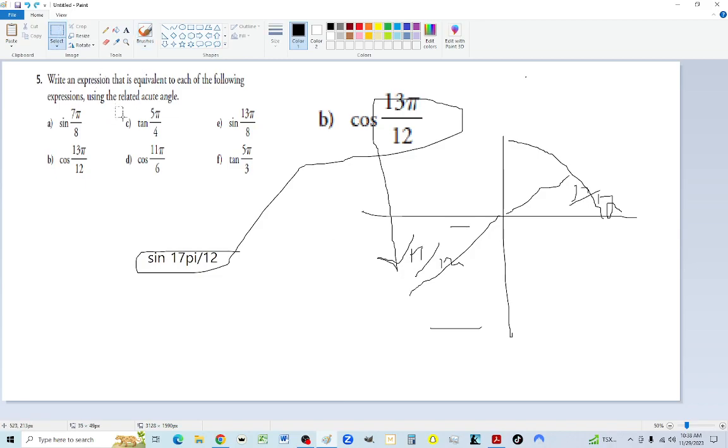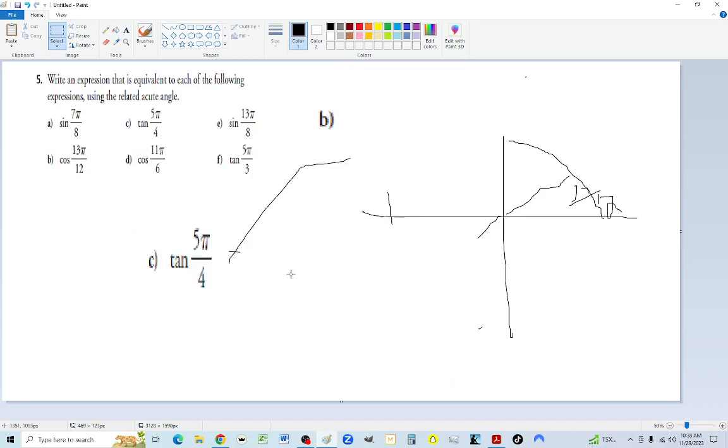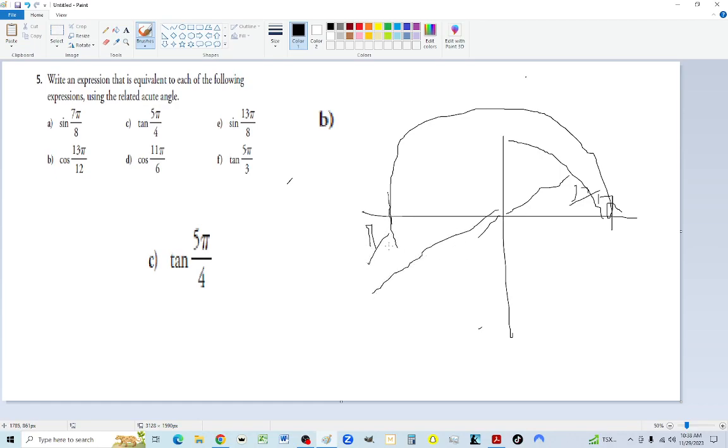This one's clearly over 1 as well, which means it's going to also fall in quadrant 3 where tan is positive. And if I look at it, this is all the way to 4 pi over 4, and the extra distance we're going is pi over 4, which is 45 degrees.